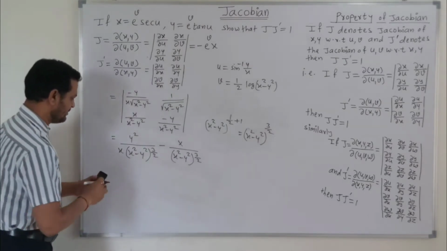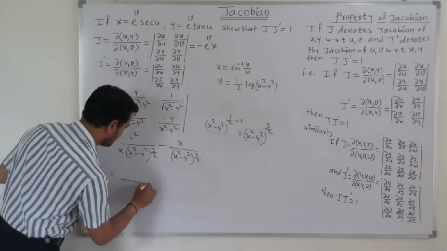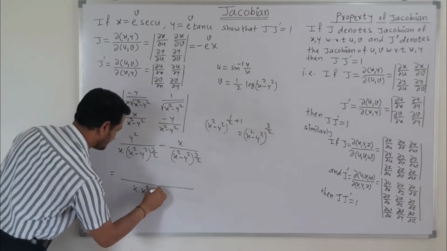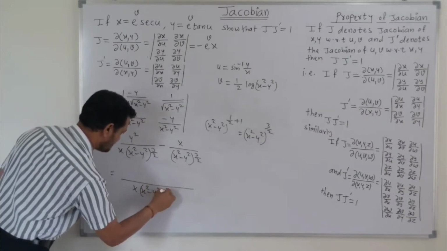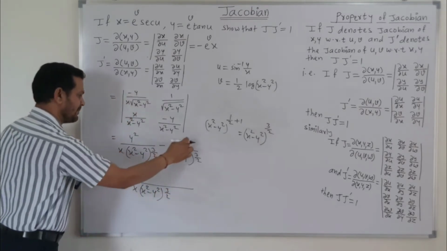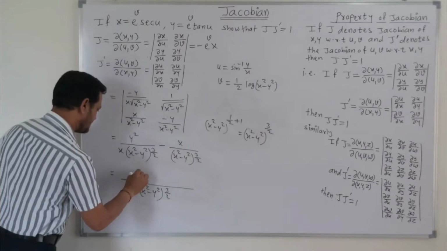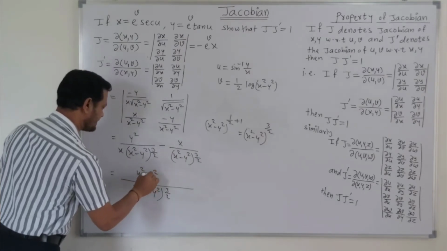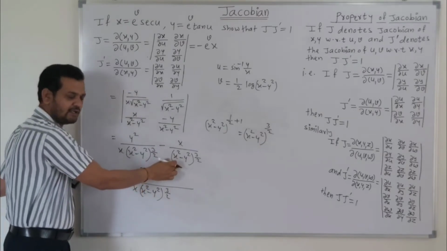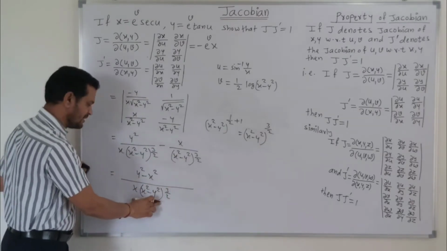So once again friends, try to simplify here. If we take this term common, then we get this as x into x square minus y square raised to 3/2 common. But here x is additional, so take the product of this term. So we get this as y square minus x square. So we multiply this x by this term because x is absent in the denominator, and we take this denominator as common.